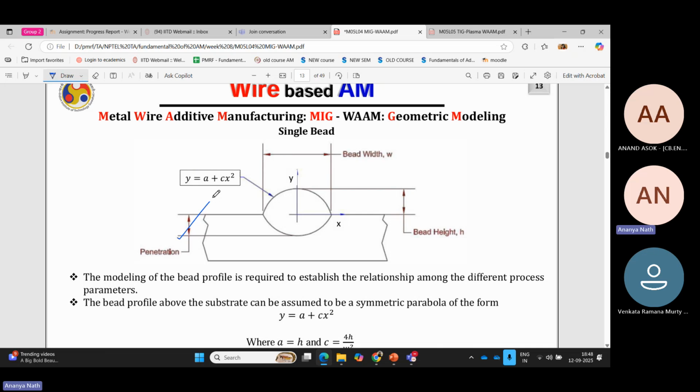This dilution is not that complex a concern when you're printing just one layer. You can cut the layer from the substrate, and substrate bonding is also important. So dilution is okay. But when you're talking about depositing the second layer, your first layer is going to be remelted again.